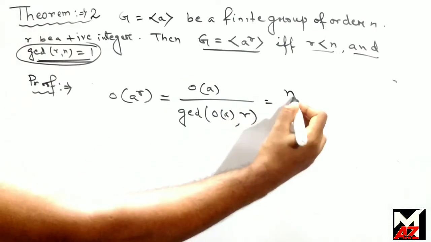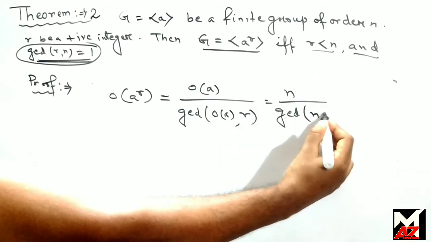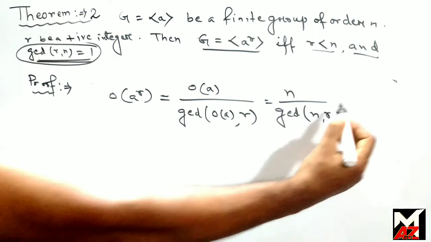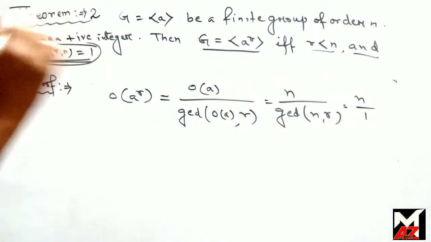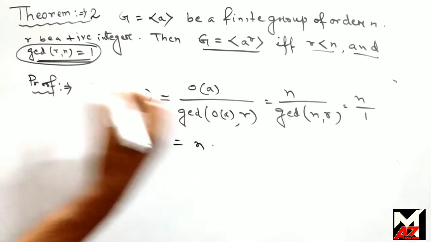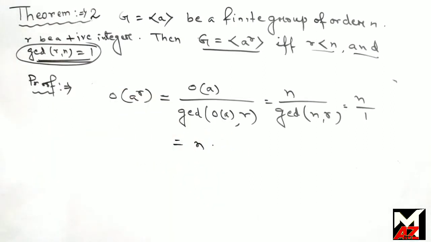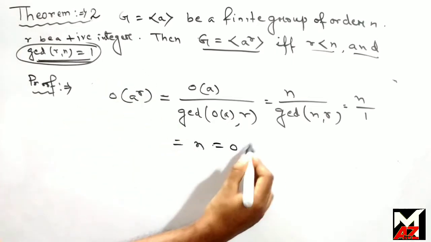That is n by GCD of n and r, and this is n by 1, because GCD of r and n equal to 1 is given, and this gives n. That is, the order of a to the power r is equal to n.